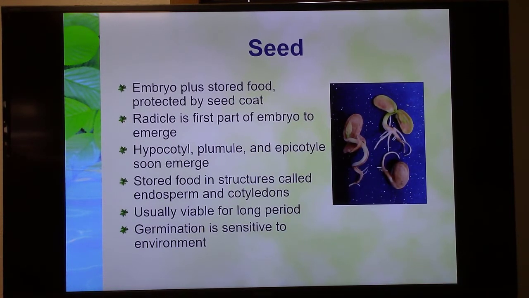Germination is sensitive to the environment, and so that's why some seeds require a lot more care than others. There are processes that we use in certain situations. One is called stratification.